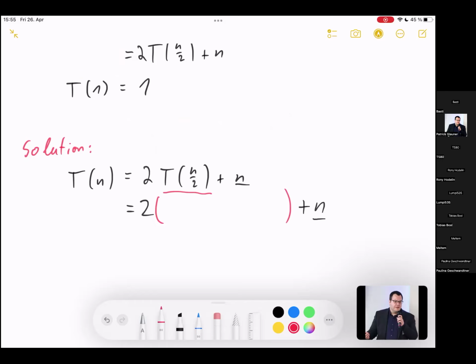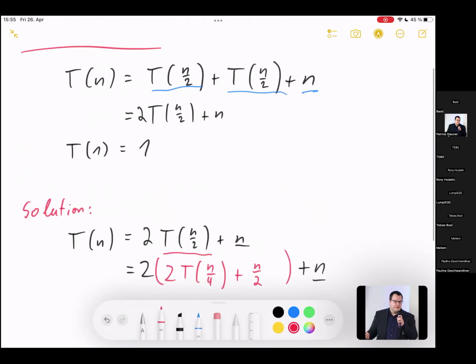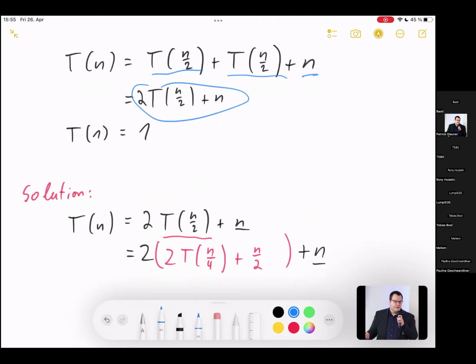So this where I have T of n half, I'm applying this to itself. So it's 2 times T of n divided by 4, because n halved again, plus n half. Because just from before, it's this one, and we put n half in, and eventually we have n divided by 4 plus n half, because for this n, we plug in n half, so it's n half.